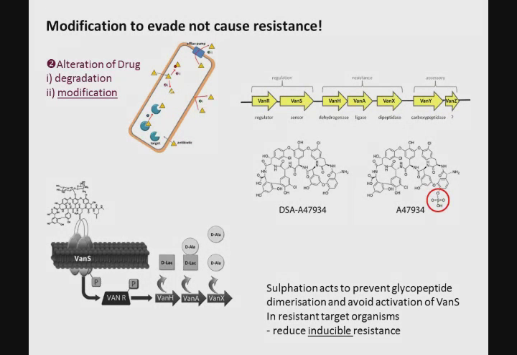And the neat thing about this is the bugs are resistant. And they're not resistant because of interaction with substrate. They're resistant because the sulfated analog doesn't trigger the Van-R sensors. So they never turn on resistance.